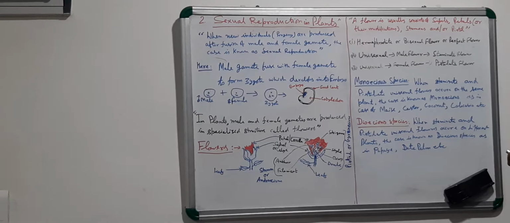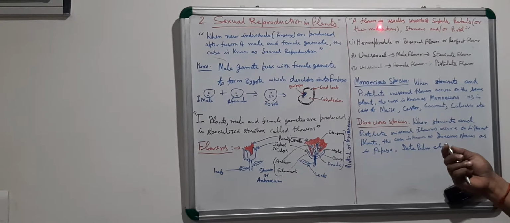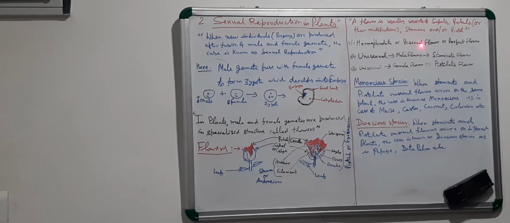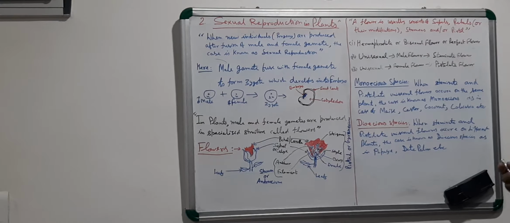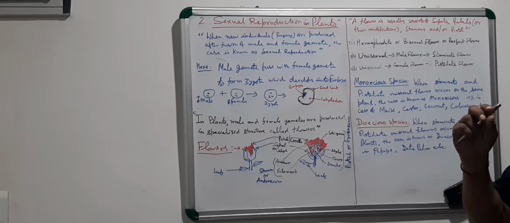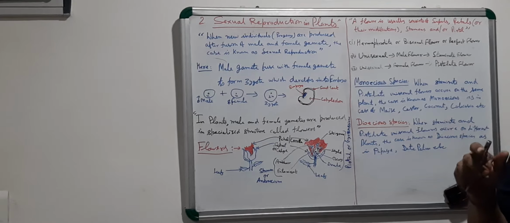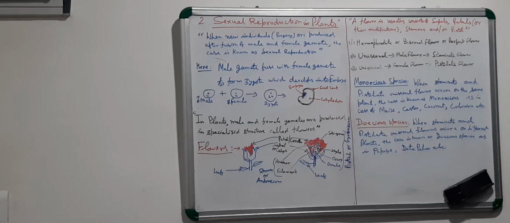If your flower has both stamen and pistil, it is known as hermaphrodite, bisexual, or perfect flower. Both the male and female parts are there inside the single flower. That flower is known as a hermaphrodite flower.